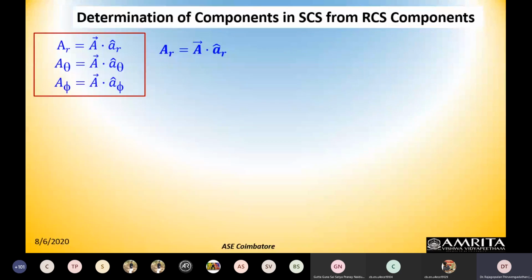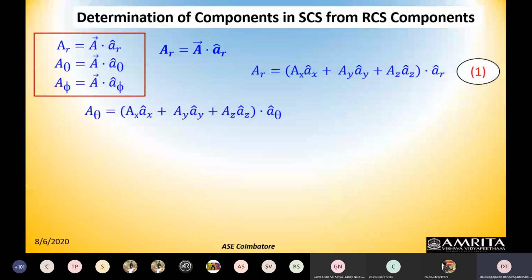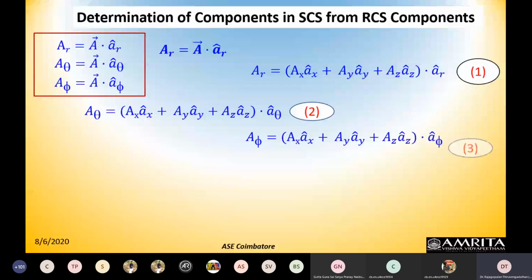Since the given function is in the Cartesian coordinate system, I substitute that and get equation 1: A_r equals (A_x a_x hat plus A_y a_y hat plus A_z a_z hat) dotted with a_r hat. Similarly, I can write the other two components, A_theta and A_phi, as in equation 2 and equation 3.